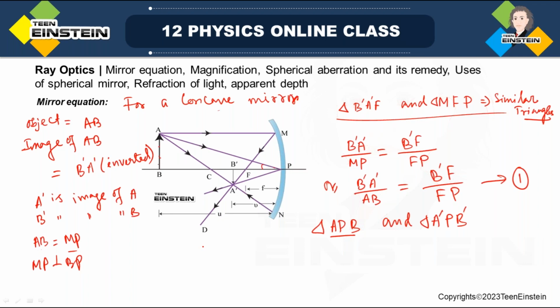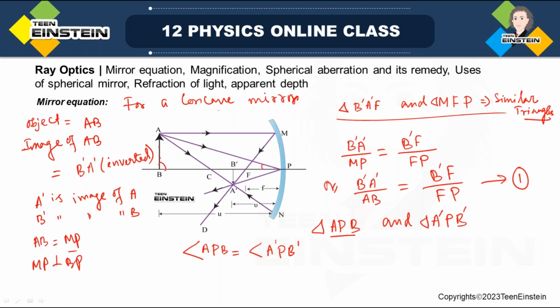I'll tell you why. APB is the angle of incidence, and this will be equal to the angle of reflection, that is A prime P B prime. I hope you agree with me.